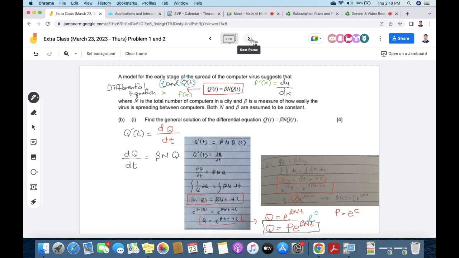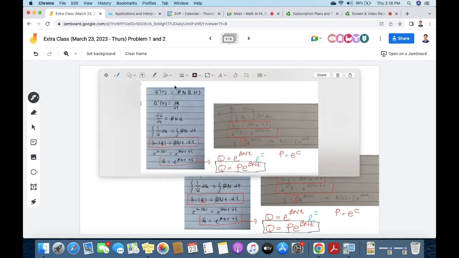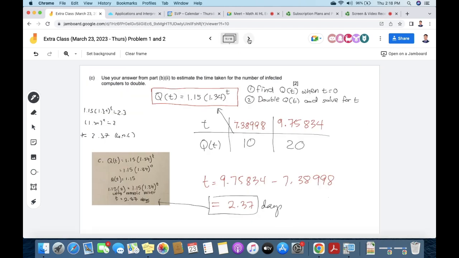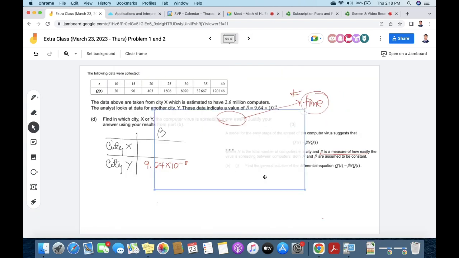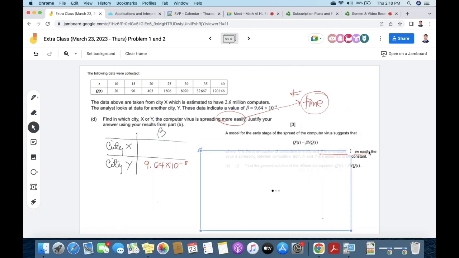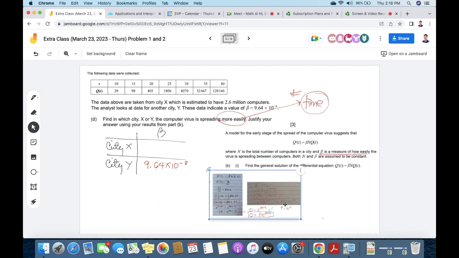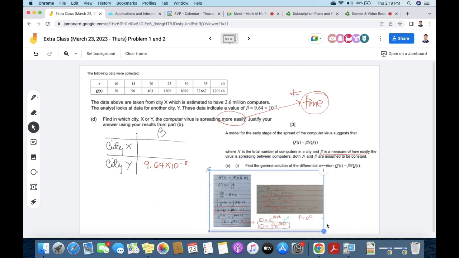So let me just take a screenshot of this. It's up to you on which one you would want to use. Take a screenshot, post it here, and then I'll call somebody later on to post your answers here. Or anyone who's ready, you can post your answers here if you wanted to. So these are the equations that we got a while ago. Use these equations to solve for the beta for CTX. All right, proceed.